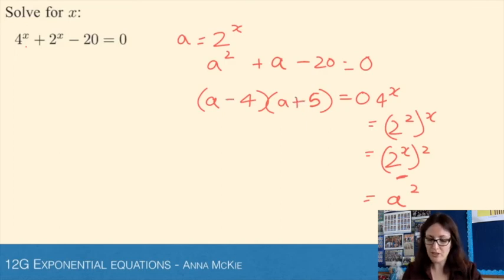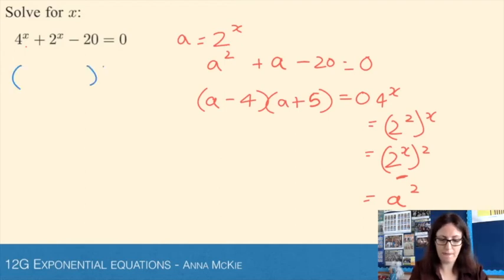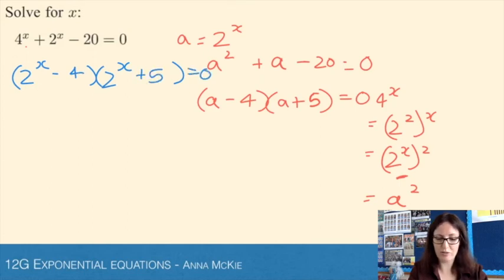And so now what we do is we go back, and where we see an a, we're going to substitute in a 2x. So where we had an a, we're going to write 2 to the power of x, same on both sides. And we've got take 4 and plus 5, and that's all equal to 0. So that's our technique there.